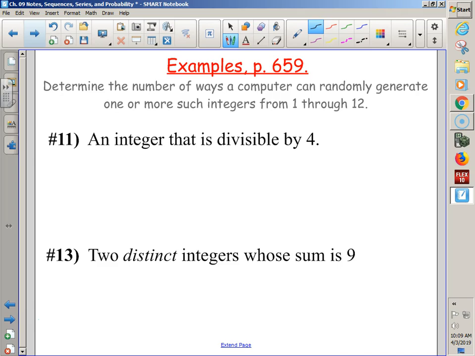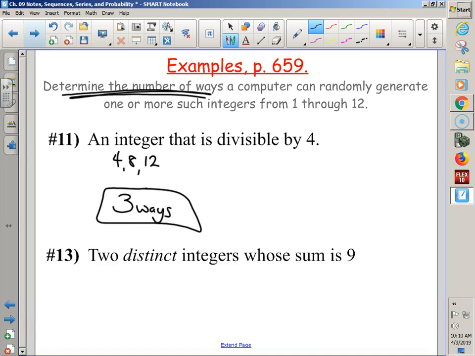If it's spitting out integers 1 through 12, and it says, how many ways can we get an integer that's divisible by 4? Well, can't you just think of 4, 8, 12? So in your brains, most of you just thought, oh, that many. Okay, cool, 3 ways. So we're still in the old-fashioned, my brain can hold this.